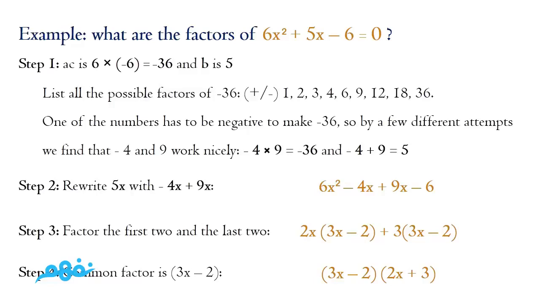So the whole form finally will be 2x multiplied by (3x minus 2) plus 3 multiplied by (3x minus 2). You can find that 3x minus 2 works perfectly as a common factor itself. So it will be (3x minus 2) multiplied with another bracket, which is (2x plus 3).